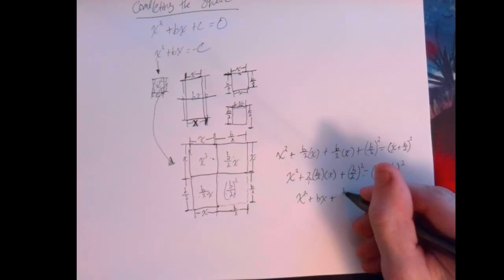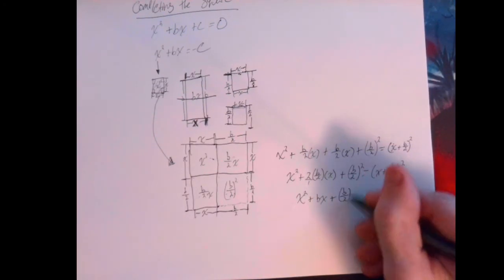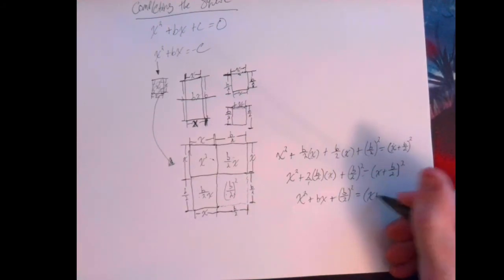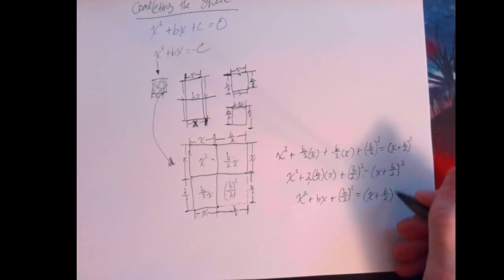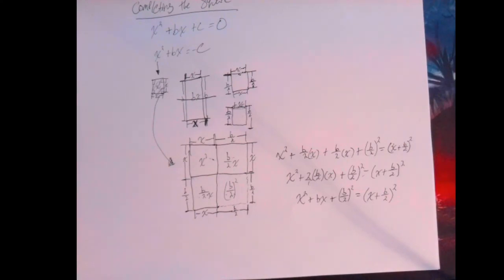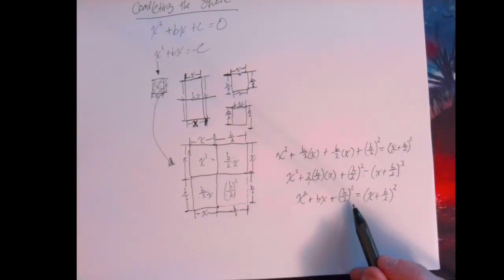And then plus b over 2 squared equals x plus b over 2 squared. And now that's completing the square, because we find that this is equal to that.